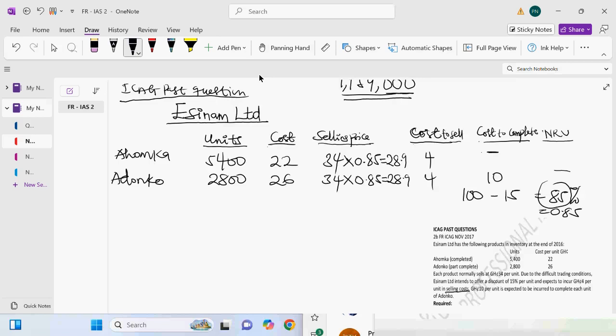Remember that NRV, net realizable value, is selling price less cost to sell and then cost to complete, right? So here what do you have? 28.9 minus 4 is 24.9.